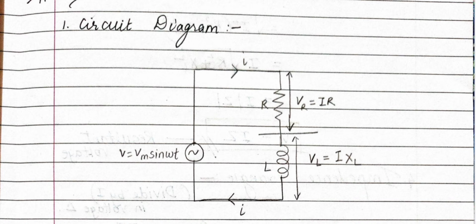We have to make a circuit diagram in which resistance and inductance are connected in series. Then voltage is applied to the circuit and current is flowing in the circuit.